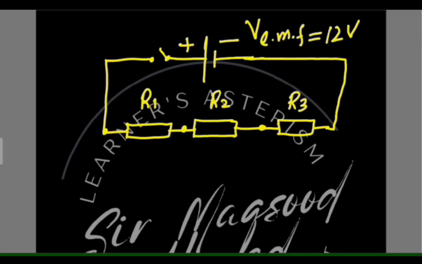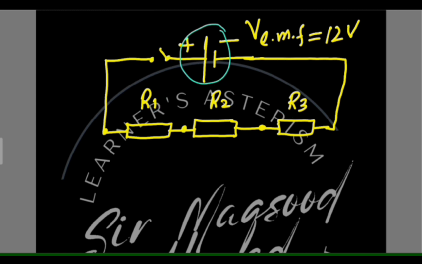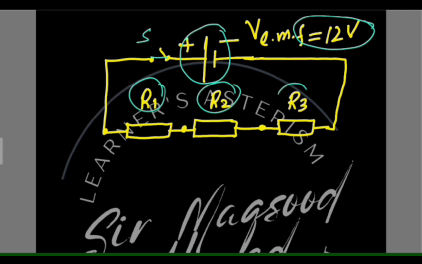Dear students, now we will discuss how resistors are used to divide the voltage. For this, we have connected three resistors in this diagram, R1, R2 and R3, with a battery of EMF 12 volt and a switch. As we have connected three resistors in series, when we close the switch, the current will start flowing in the circuit.